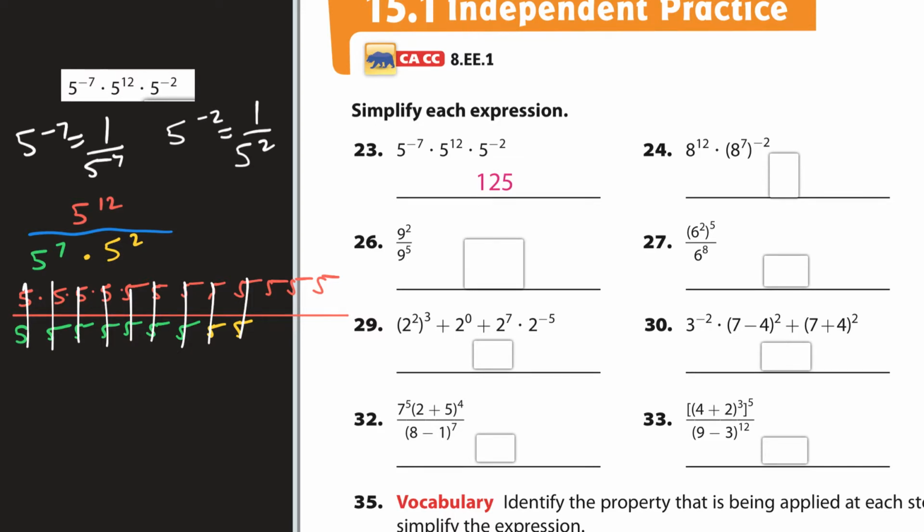Oh, and 5 to the 3rd is 125, because it's 5 times 5 times 5.